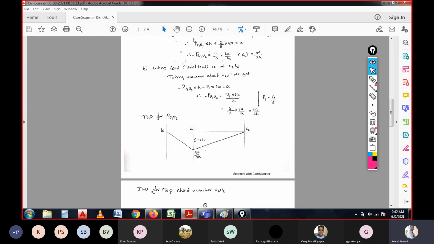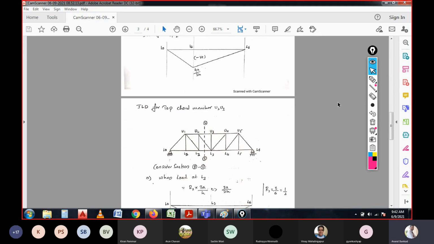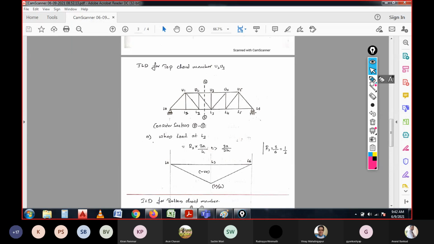So when the load is at L3, taking moment, when the load is at L3 at this point, then whatever the load is acting at this point may be considered with the moment at L3.